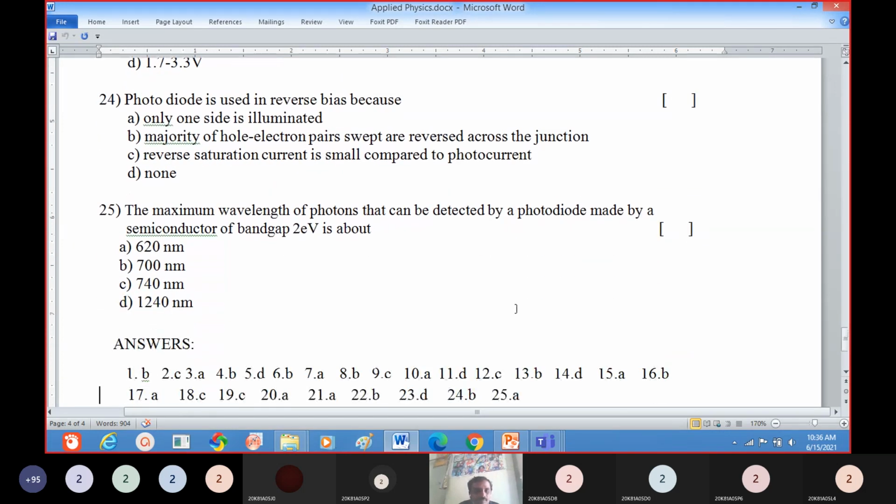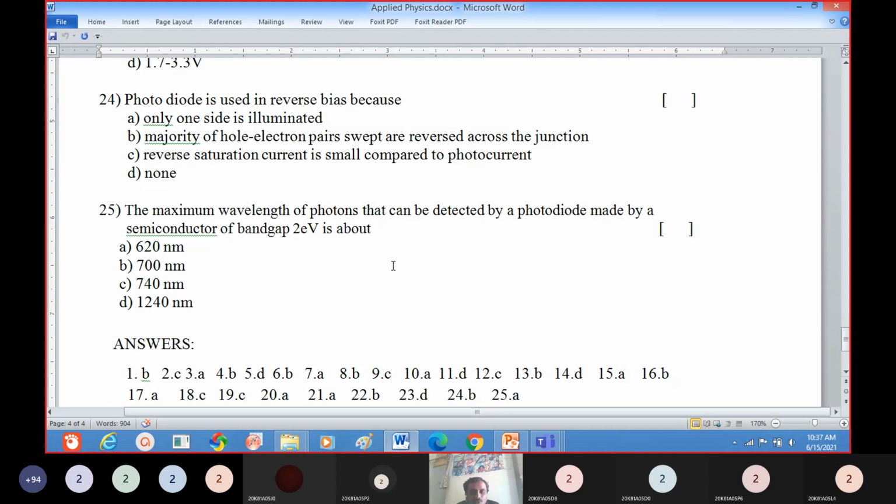The last one: the maximum wavelength of photons that can be detected by a photodiode made of a semiconductor of band gap 2 electron volts. How do you find the maximum wavelength here? E is equal to h nu, and nu is c by lambda, so E is equal to hc by lambda.